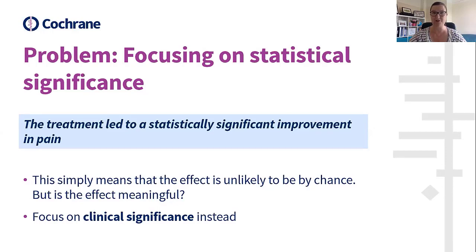It doesn't tell you whether that improvement in pain was clinically significant or whether it was important to the individual experiencing the pain. So we're really trying to get people to stop focusing so much on statistical significance and instead focus on the clinical significance, or the significance of this result to the patient itself.